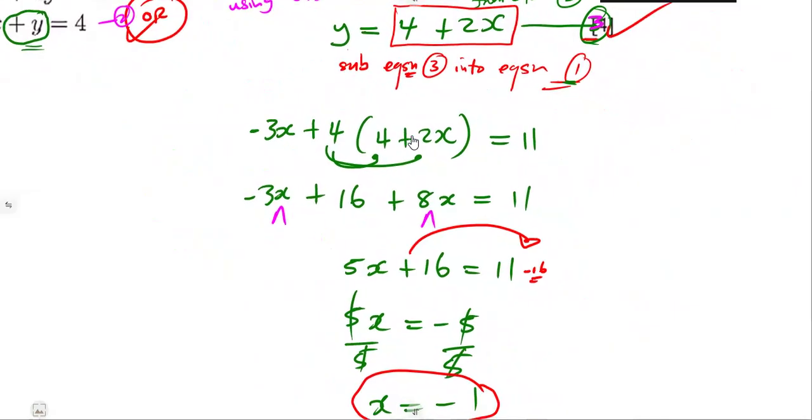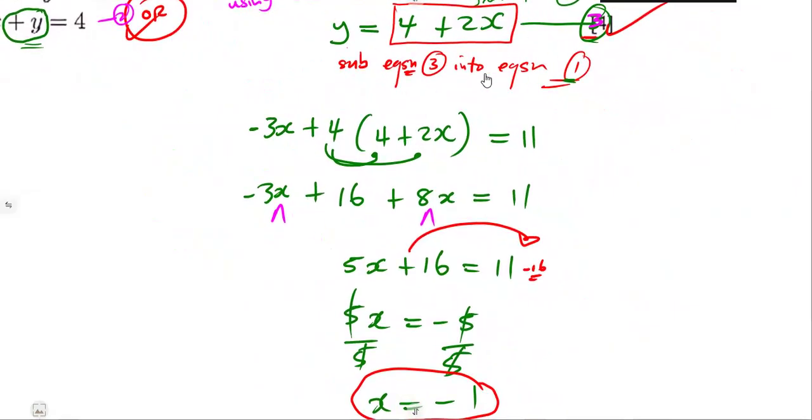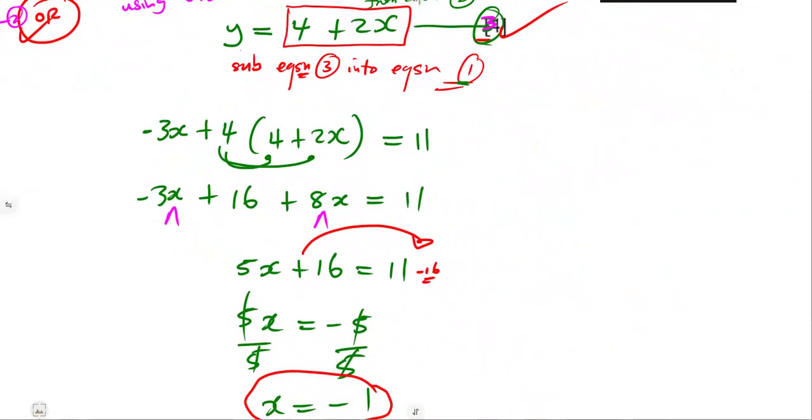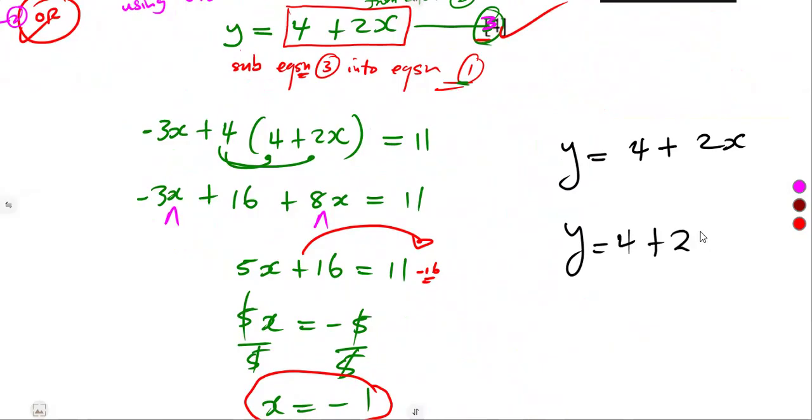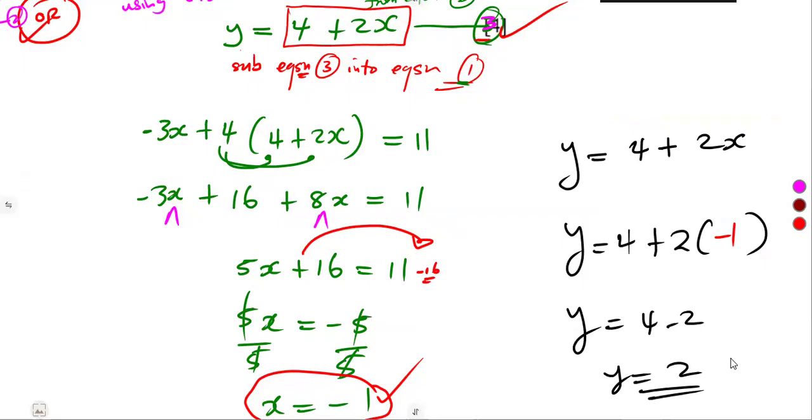We can work with equation 3, where already y is the subject. It is just to substitute here in equation 3. So just substitute the value of x that you obtained in place of x. What is the x value? -1. So that was going to give us the value of y there. So 4, and that was going to be -2. So that's 4 minus 2, which is 2. Just like that.